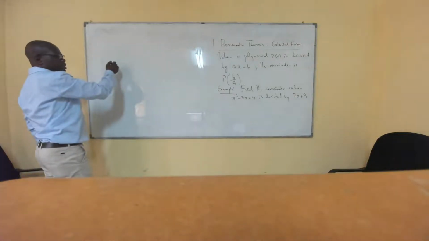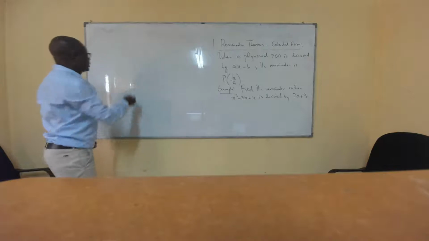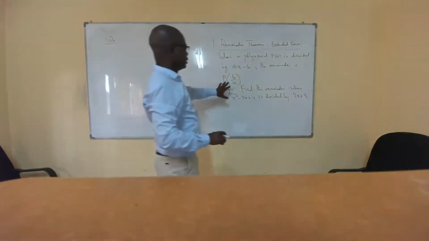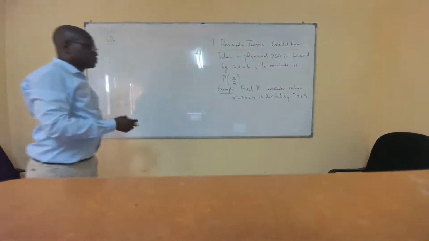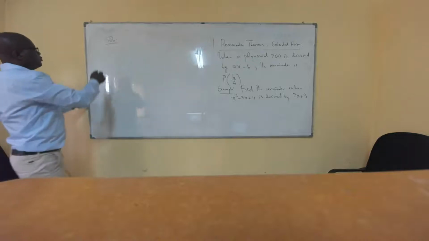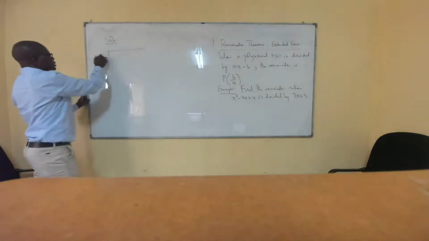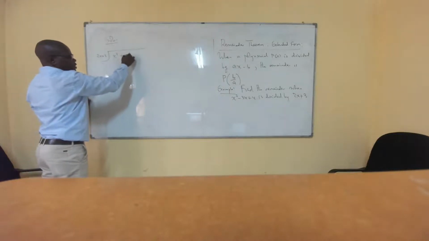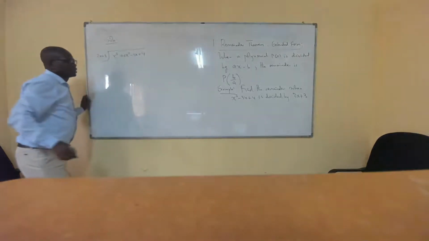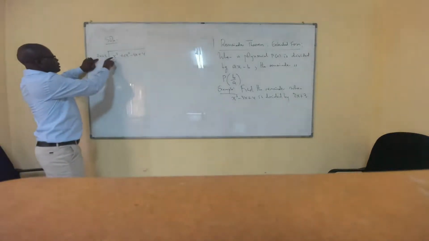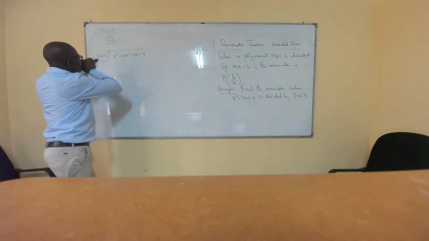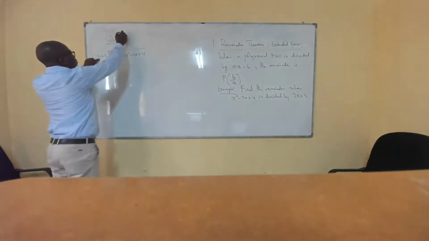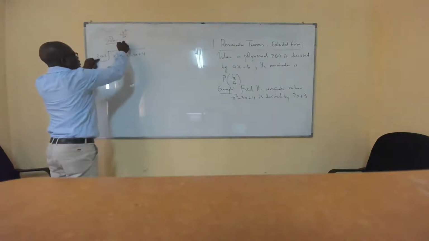Just to see how much time we could waste, I can use long division, assuming that I was not aware of this extended form. If you use long division, let's see what we would get. So x to the power 3 plus 0x squared minus 3x plus 4. That's what I would write. Then 2x divided into x to the power 3 gives x to the power 3 divided by 2x.